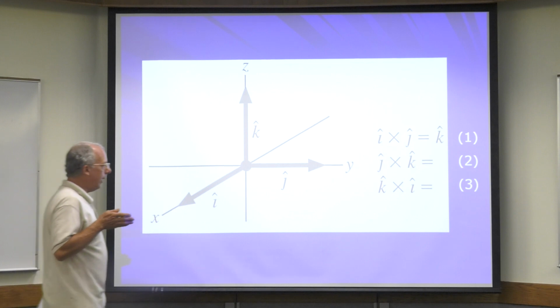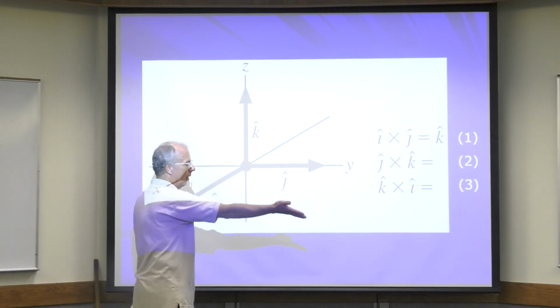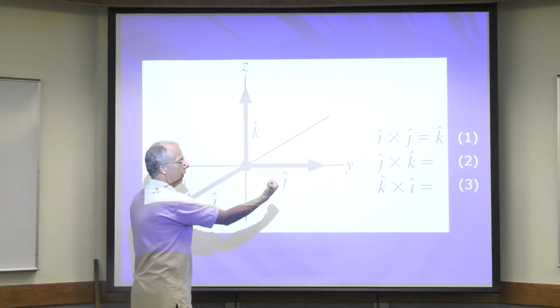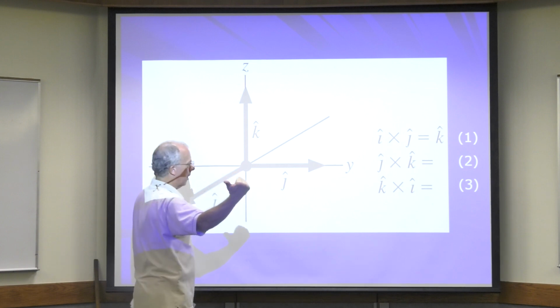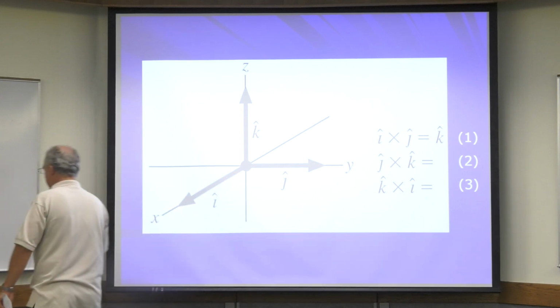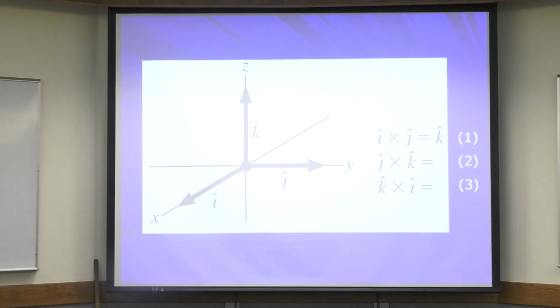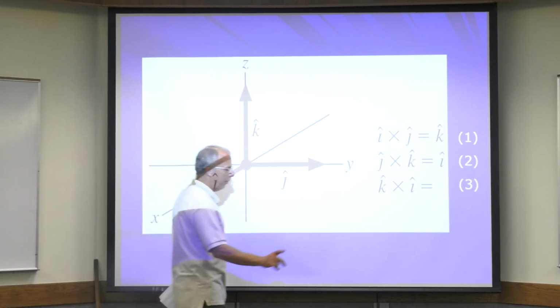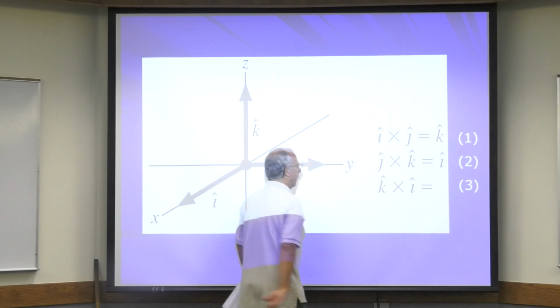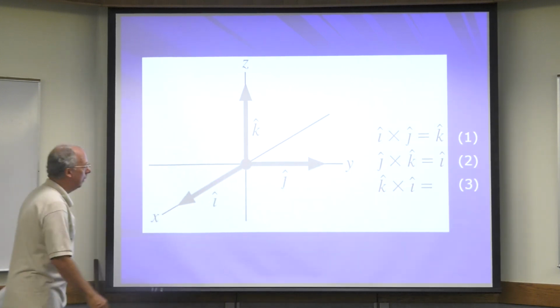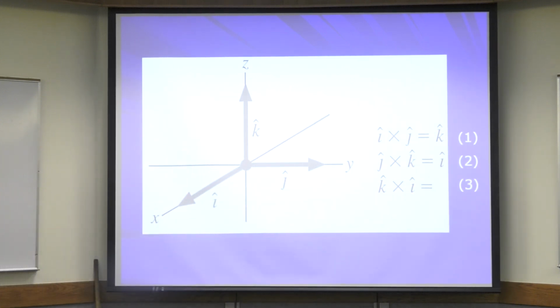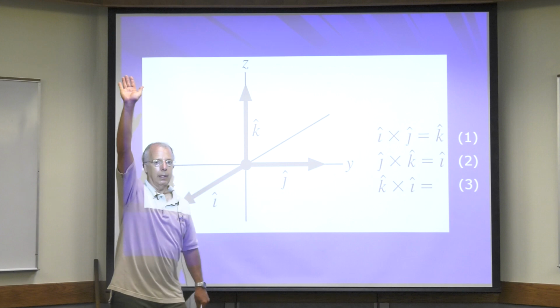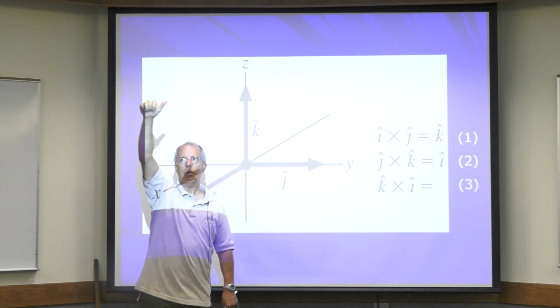Okay, so J is this way, K is up, so that way. So it's I, right? I. Okay, last but not least. Now please on your own do K cross I. Okay, so K is this way. I is that way, so it's J.